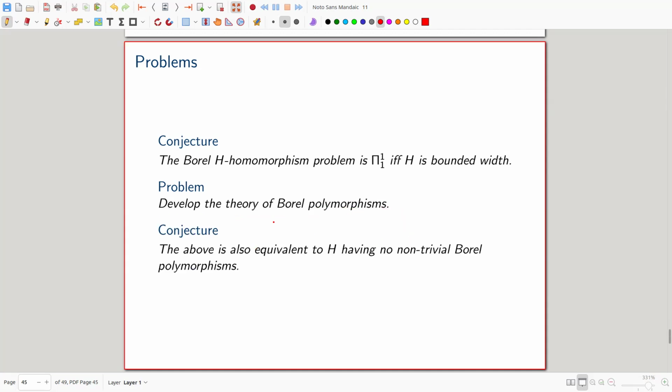And yeah, the ultimate goal would be a third equivalence saying that the Borel homomorphism problem is pi 1 1 if and only if H has bounded width, if and only if H has no trivial Borel polymorphisms, whatever they are.